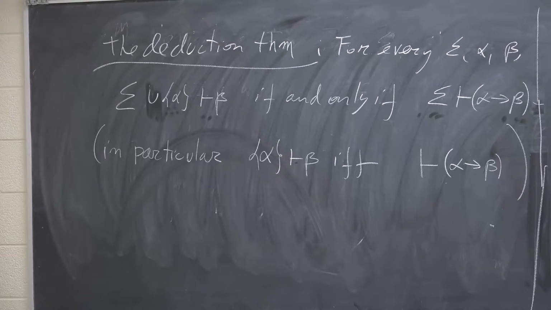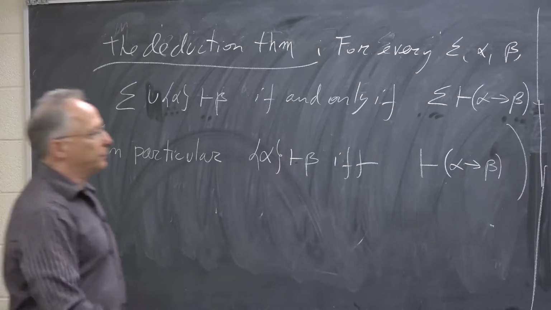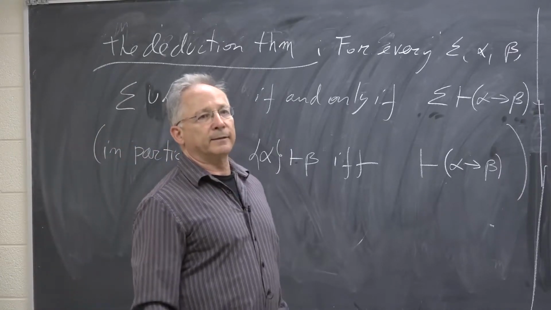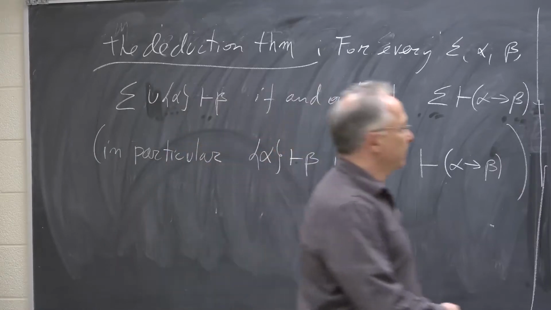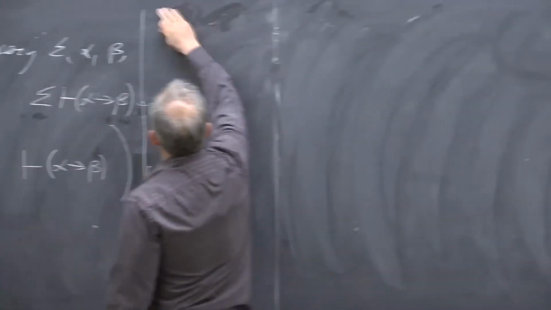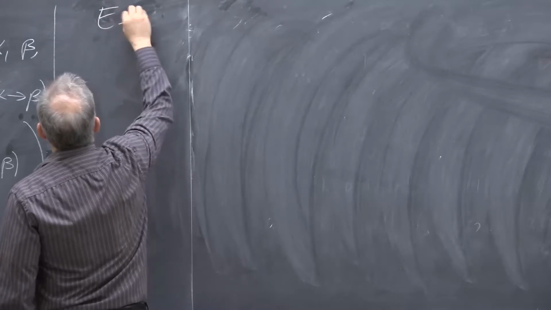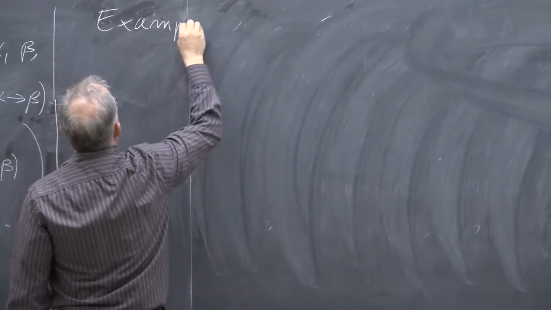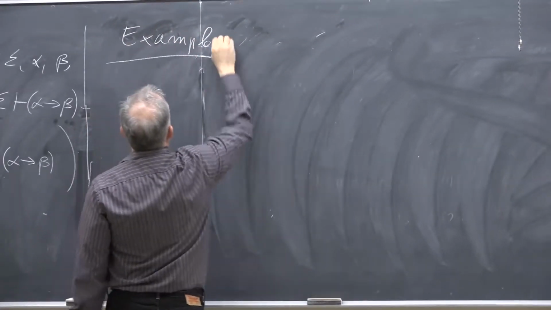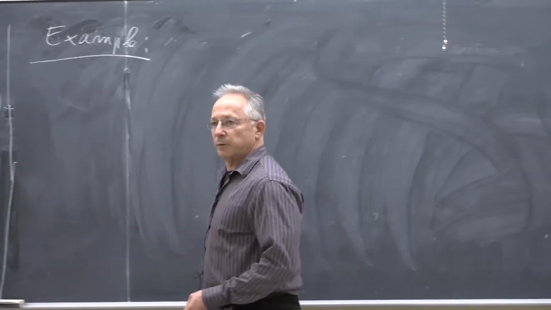Now, before I get to the proof, I just want to motivate you to look at the proof. So let me show you why it is useful to have such a theorem. Before we prove it, let us look at an example of how it makes our lives easier to get general proofs.